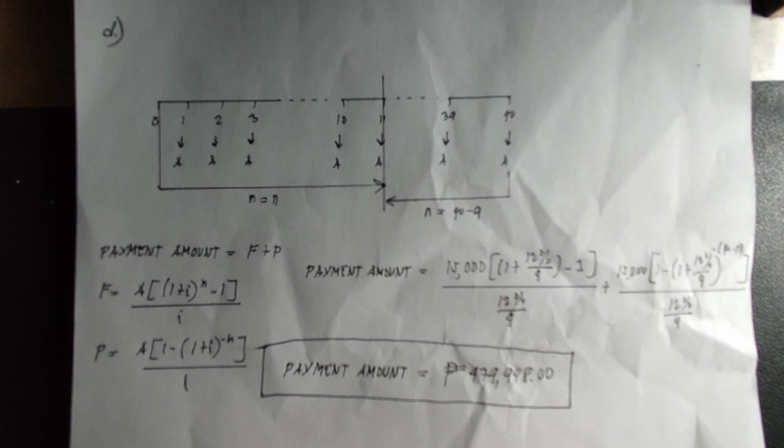So the payment amount is equal to 15,000 multiplied by the quantity of (1 + 12% over 4) raised to 10 minus 1, all over 12% over 4, plus 15,000 multiplied by the quantity of 1 minus (1 + 12% over 4) raised to negative 40 minus 11. Now our payment amount will become 479,948 pesos.